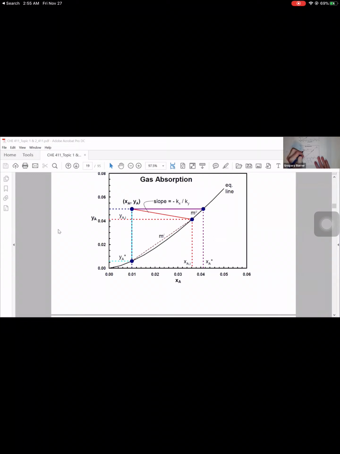Now, we can define another driving force in consistent units that goes from YA to YA star.